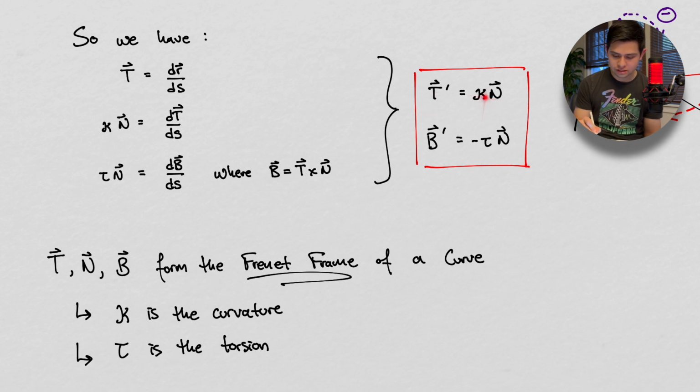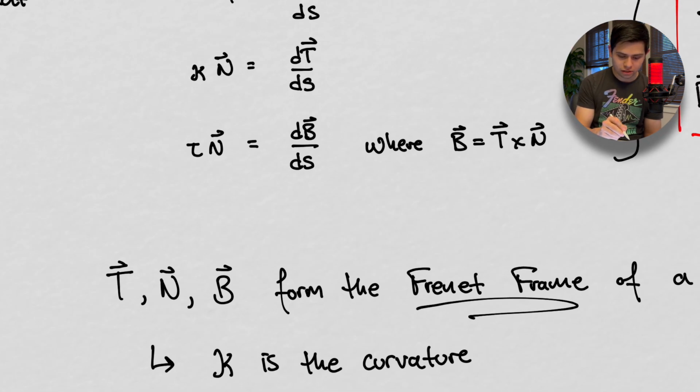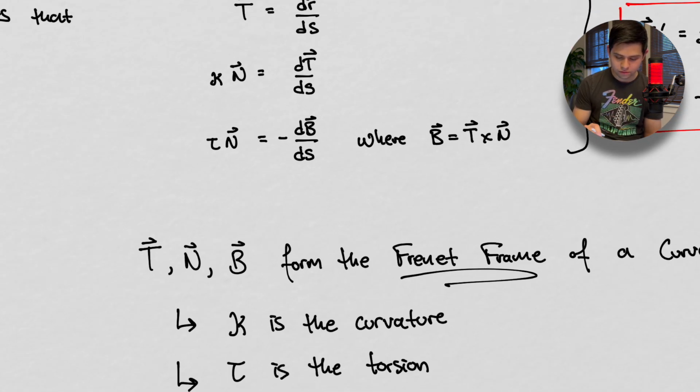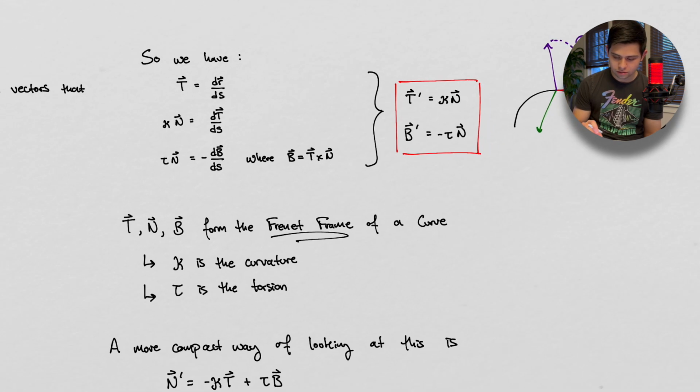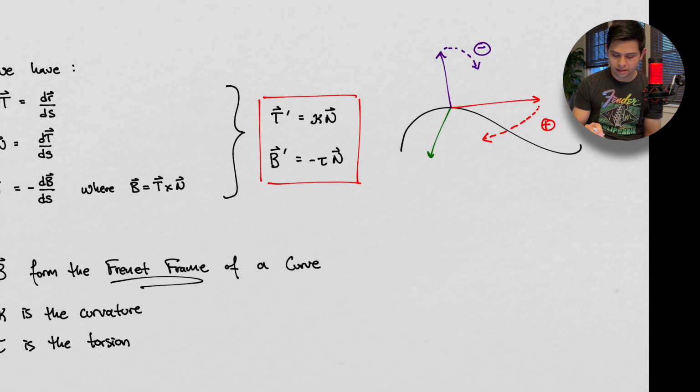The change in T is equal to kappa N, and the change in B is equal to tau N. Because we said by convention that this had to be negative, we'll see why that convention works.